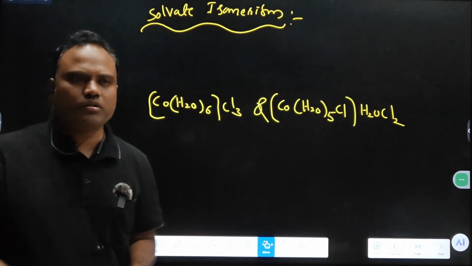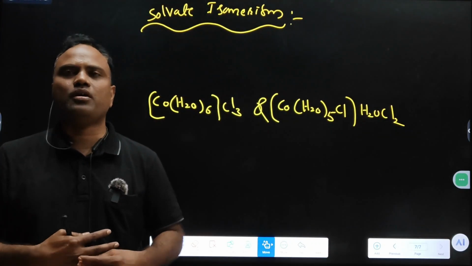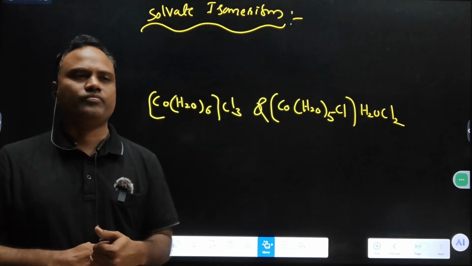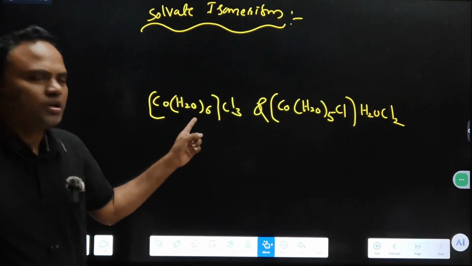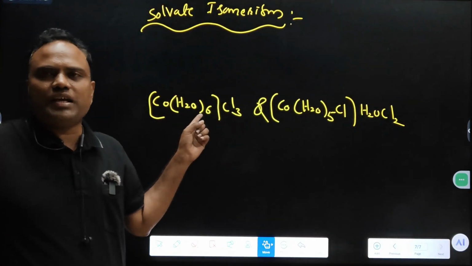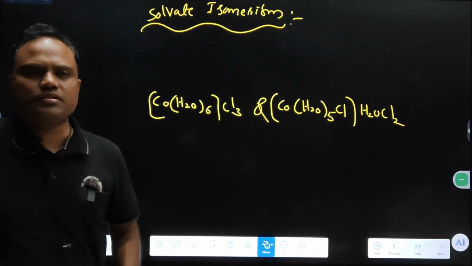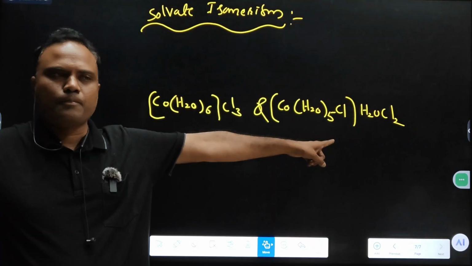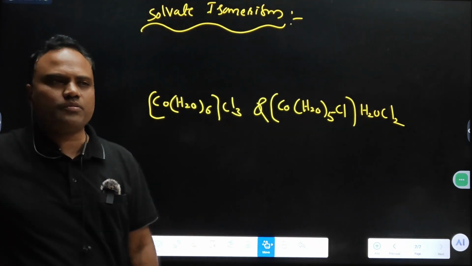Compounds having the same molecular formula but differing in the number of water molecules or solvent molecules which act as ligands. Here how many water molecules act as ligands? 6. Here, 5 only, inside. The molecular formula is the same.